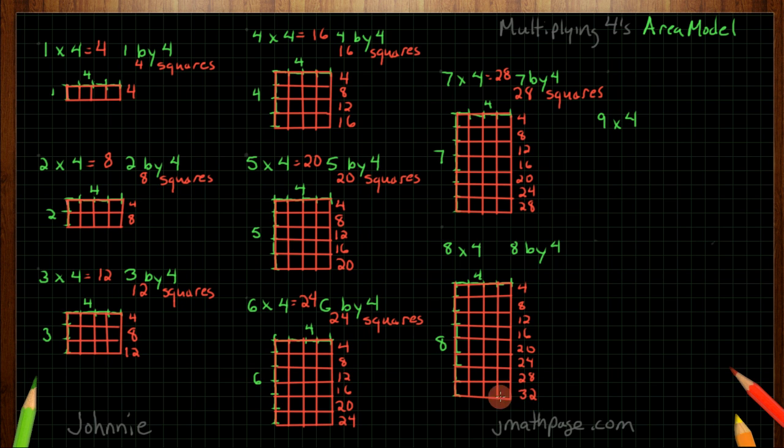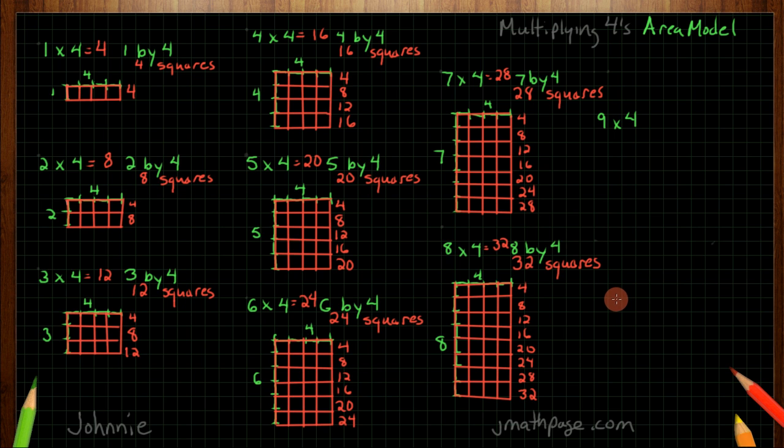So that last row takes us to 32. So in a rectangle that is 8 by 4, this rectangle holds in area 32 squares. Let's write that down. 32 squares. That also tells us that 8 times 4 equals 32.